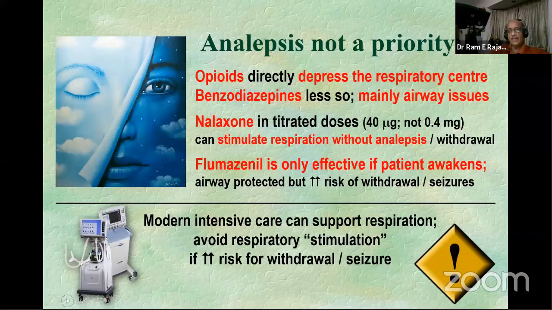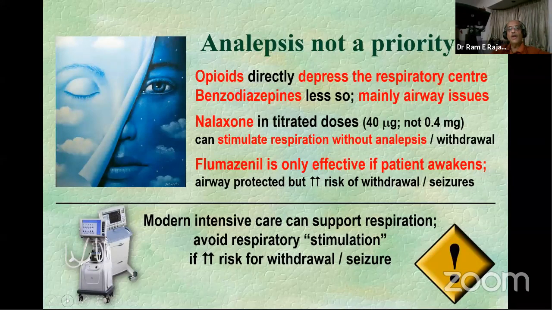But what we should recognize is that the ideas of the coma cocktail came in an era where the focus was on analepsis and waking up the patient, which is probably not such an important aspect in modern intensive care, primarily because we can provide appropriate respiratory support even without waking up the patient. And that is what we need to be very careful about.